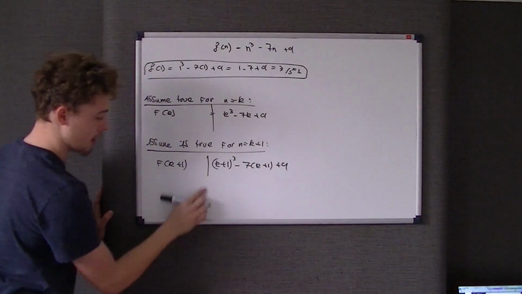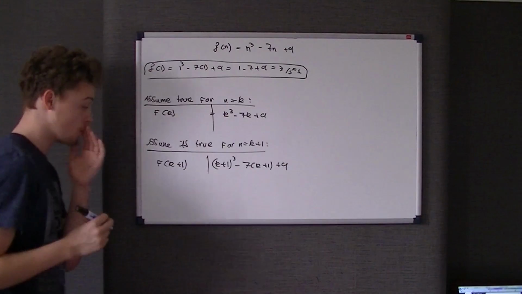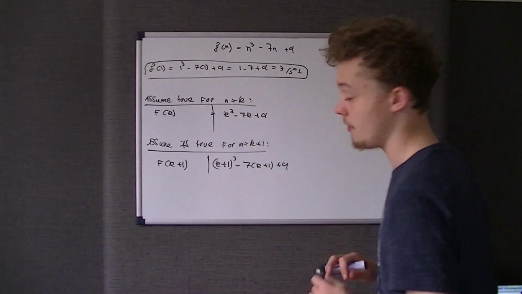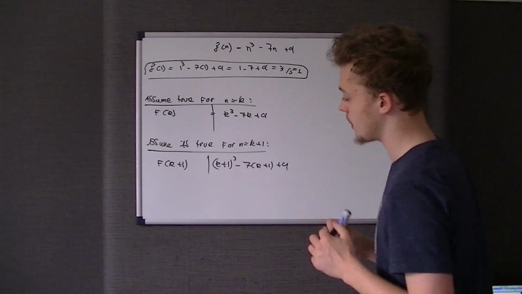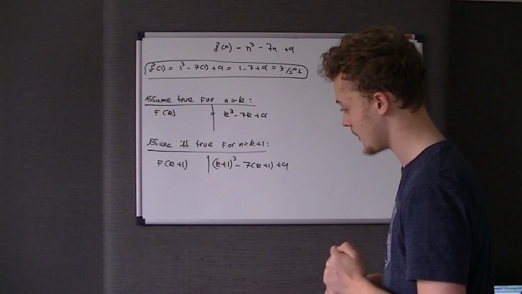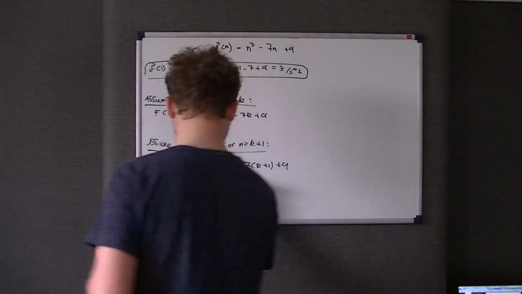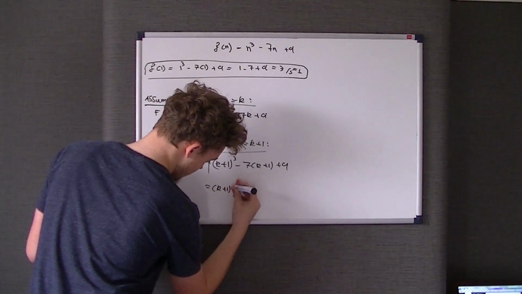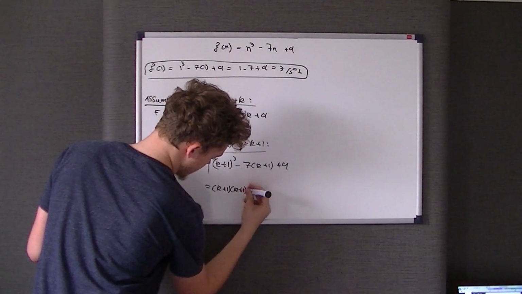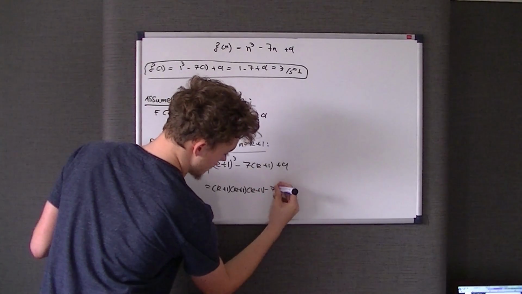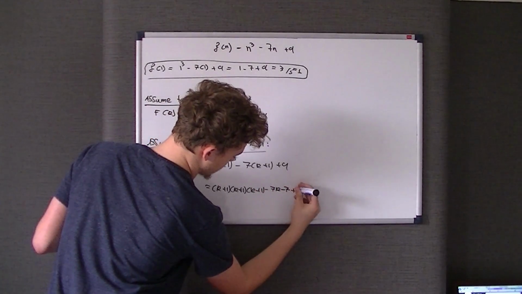What we're going to do now is expand this out so we've got a full answer, and then do f of k plus 1 minus f of k. So I'm just going to expand this out for you. It's k plus 1 times k plus 1 times k plus 1, take 7k, take 7, plus 9.